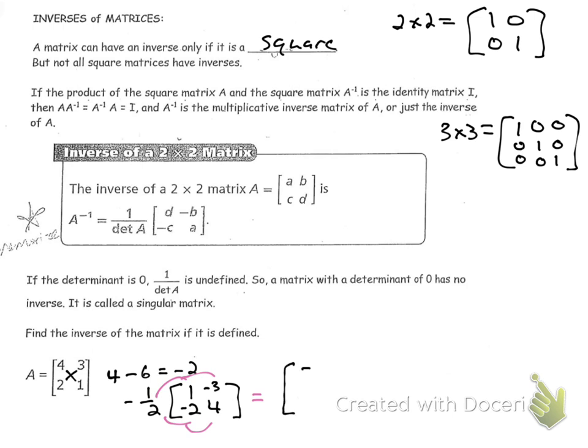And that'll give us -1/2, +3/2, or 1.5, 1, and -2. So if you multiplied that inverse by the original matrix, if you did rows by columns, what we just did, it would give you that identity matrix 1, 0, 0, 1.